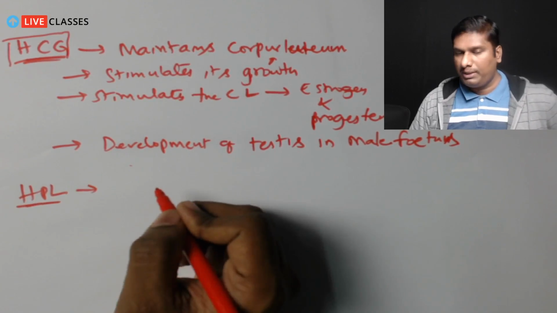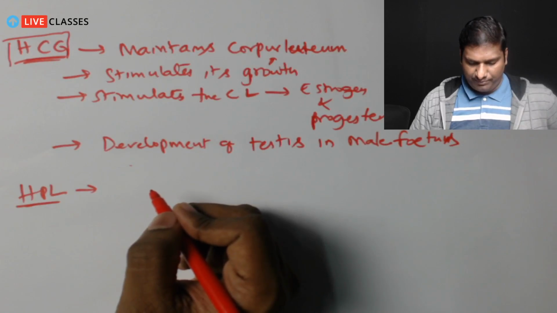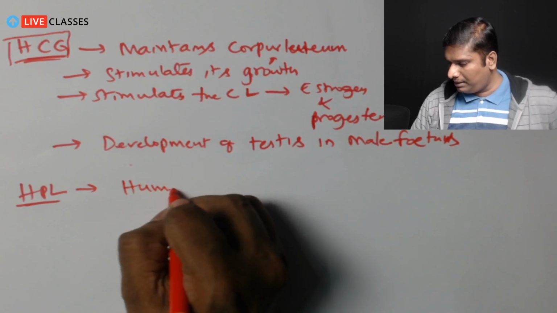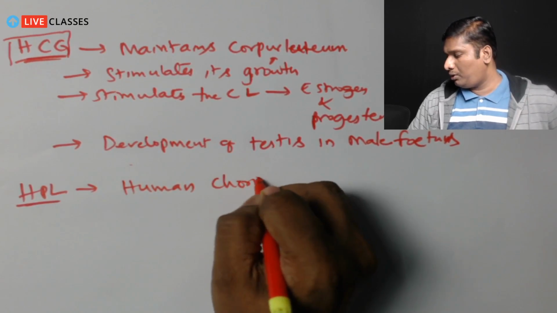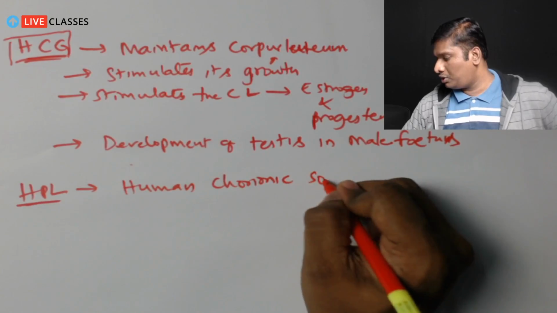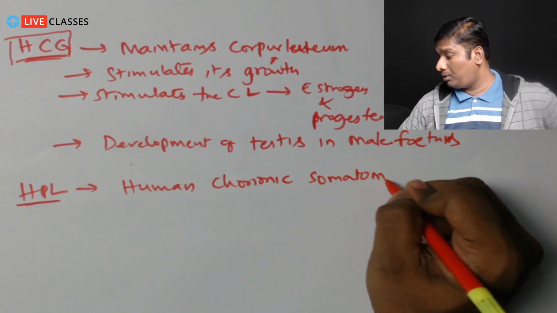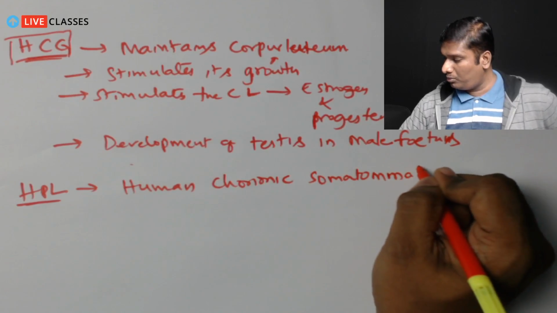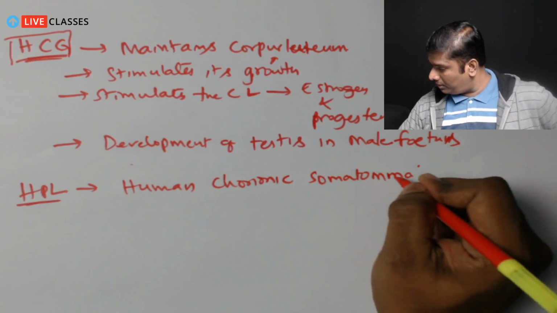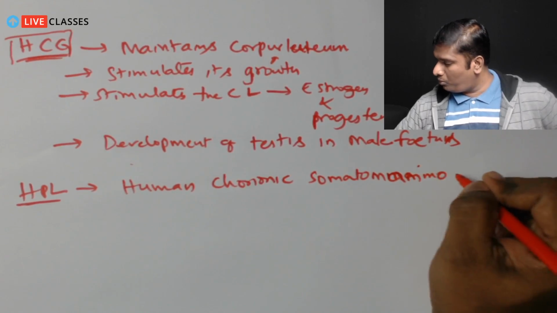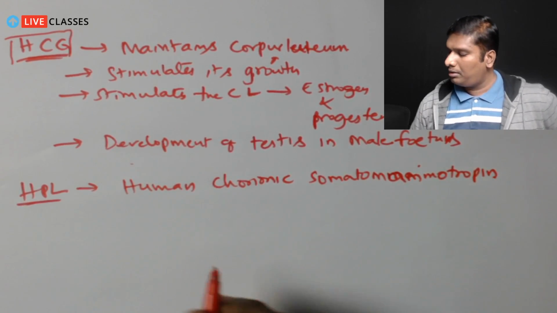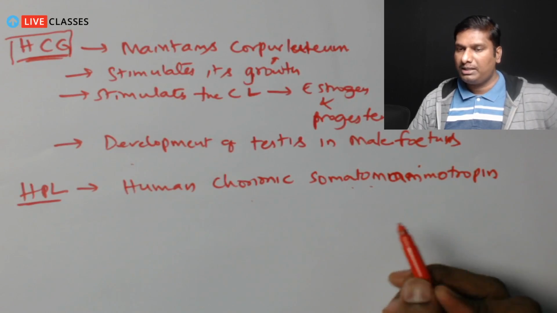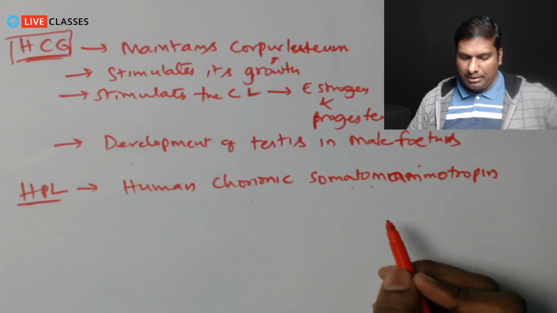Then what will HPL do? HPL is human placental lactogen. There's another name for this: human chorionic somatomammotropin.